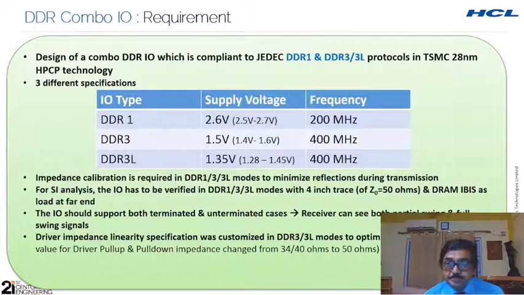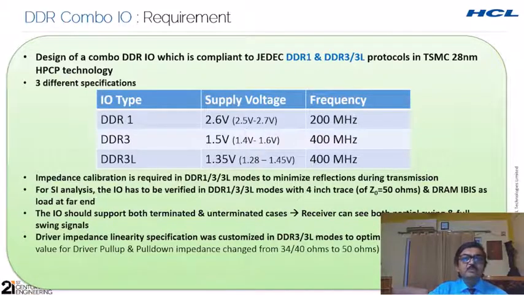This was done in 28 nanometer. From DDR1 to DDR3L, the supply voltage varies from 2.6 volt to 1.35 volt, actually as low as 1.28 volt in DDR3L, whereas the frequency range that needs to be supported in this IO was 200 megahertz to 400 megahertz.